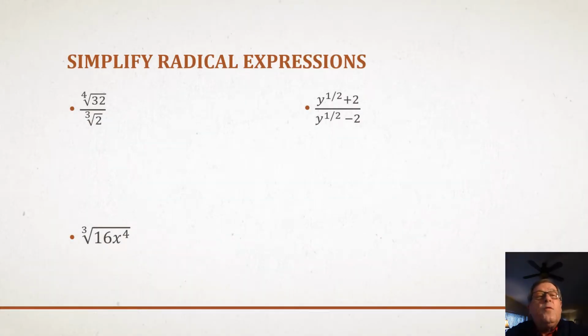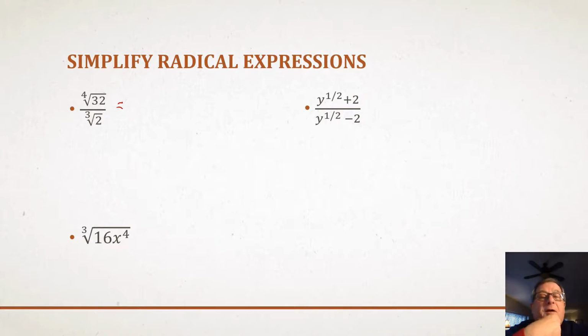Fun simplifying radical expressions. So this first one here in the top left, we've got the fourth root of 32 divided by the cube root of 2. Well, let's see. Why don't we try to get these to the same base, I guess, beginning.